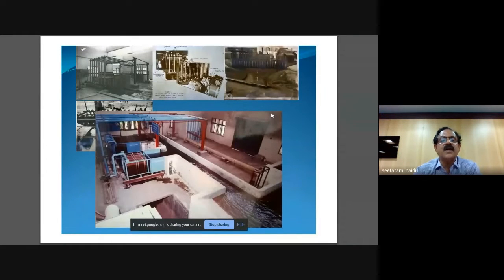This is for NPCIL, done at BARC. This study was done in Tarapur Atomic Power Station. Here only half of the model was constructed. This is a mirror image of the same thing duplicated in another portion.